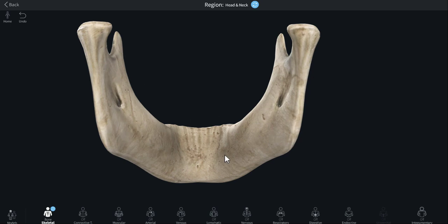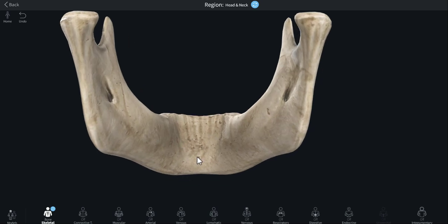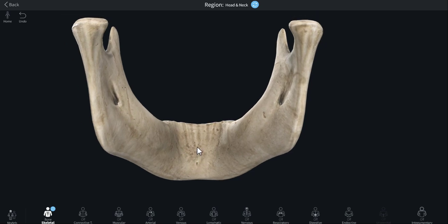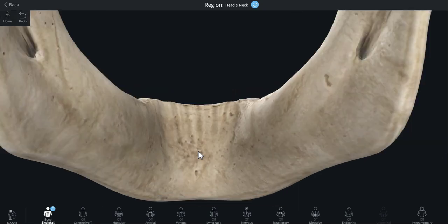As far as the body is concerned, now listen to me carefully. You see, we talked about the symphysis menti, right? But we talked about the symphysis menti only from the external surface. It also has an internal part, right? Why I am telling you about the symphysis menti is because here it is not at all visible.